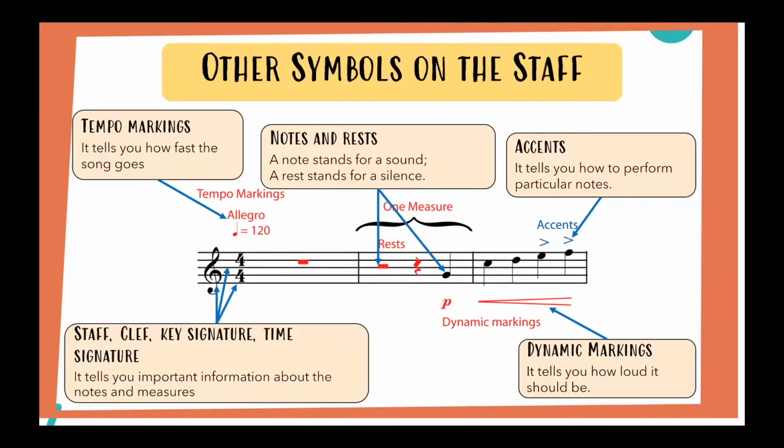For example, we have here another dynamic marking, which is this P, and also these 2 lines that are growing. So basically, this P means piano, which is also Italian for playing softly, that would be the literal translation, very low.